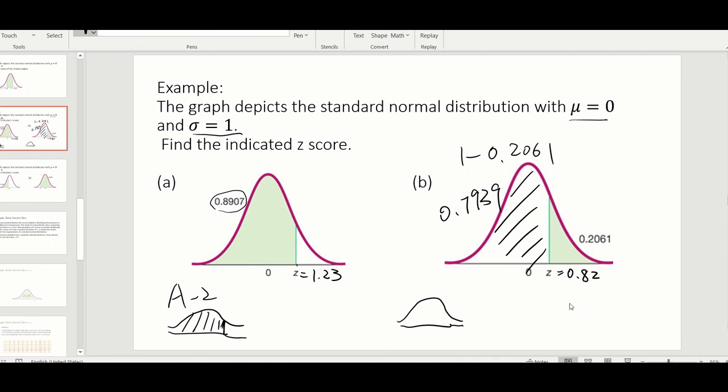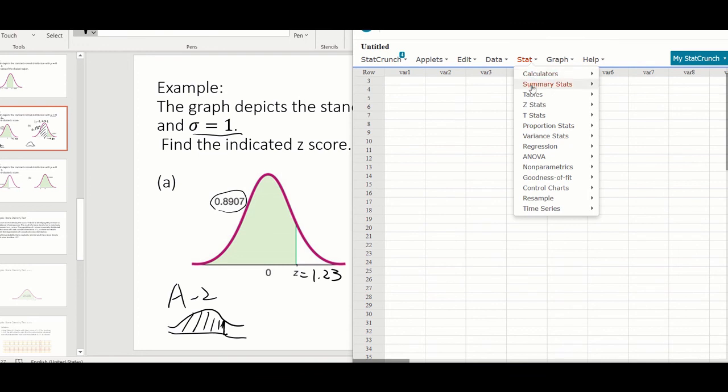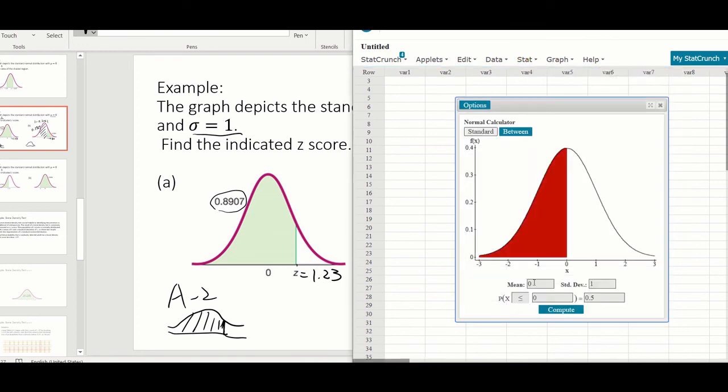How do we use Statcrunch to solve this problem? We'll go to Statcrunch, go to Stat, Calculators, Normal. Okay, mean and standard deviation are 0 and 1. First, the A part. We know the area, right? So we should put an input here.